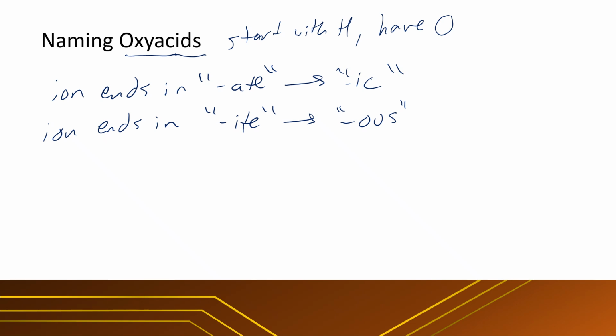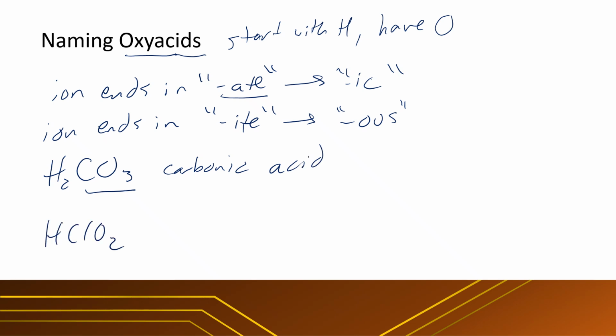If you have something like H2CO3, CO3 is carbonate. It ends in ate, so I'm going to change that ending to ic and add the word acid. I'll do another one. HClO2.